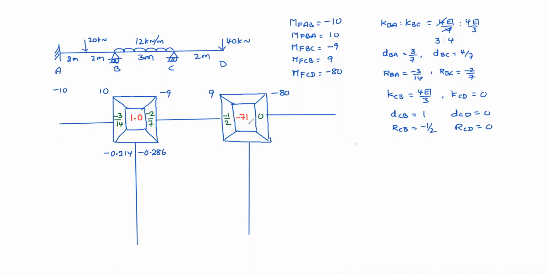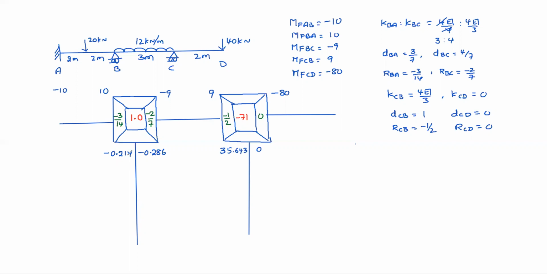How much? 35.643. Here 0 into anything is 0. Next, second cycle.